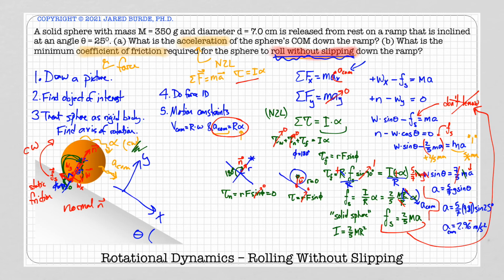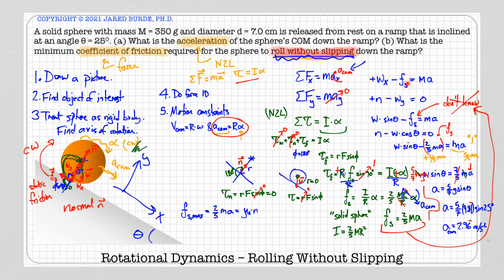And so we can figure out what the limit is for the coefficient of static friction if we assume that this here is our maximum. And then we also assume, if that is the maximum value of the static friction, then the maximum value of the static friction is mu s times the normal force.